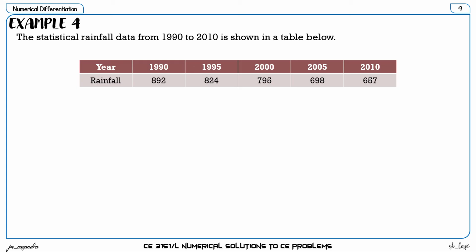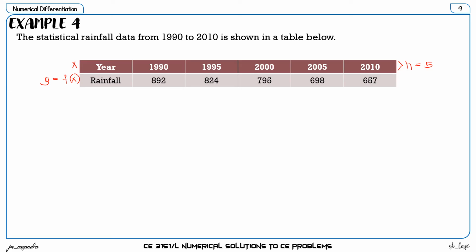Example number 4 has the same given as examples 2 and 3. We have the year as our variable x. The value of rainfall is the function of x, which is equal to y. We have established already that the difference between the x's, which is h, is equal to 5.